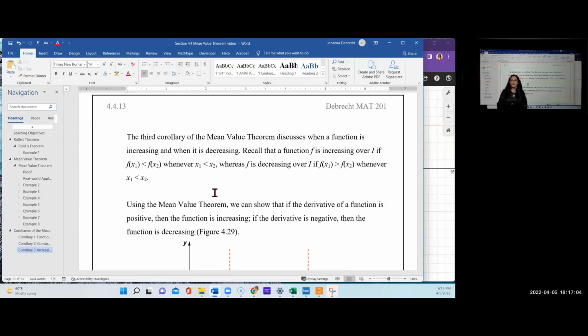We'll find holes, we'll find displaced points, we'll find jumps. We'll find where it's increasing, decreasing, concave up, concave down, where it changes concavity. We have to find all of those pertinent parts of the graph so that we can be sure when we go to Desmos that we pick a range for x and y that includes all the important parts.